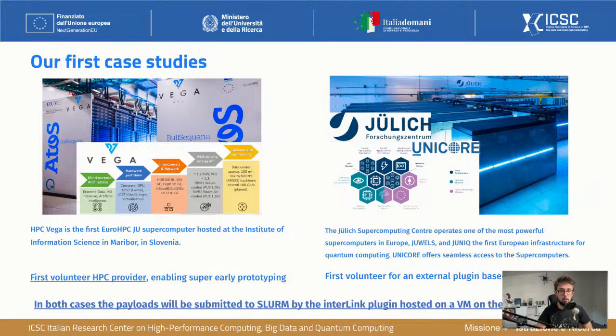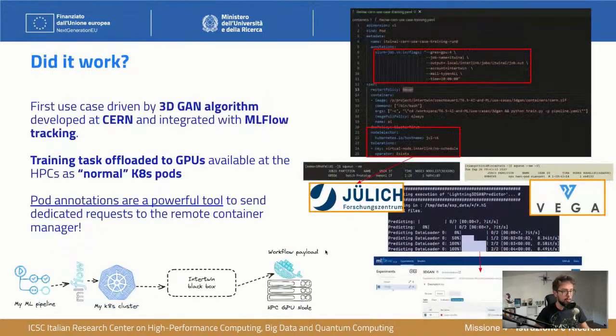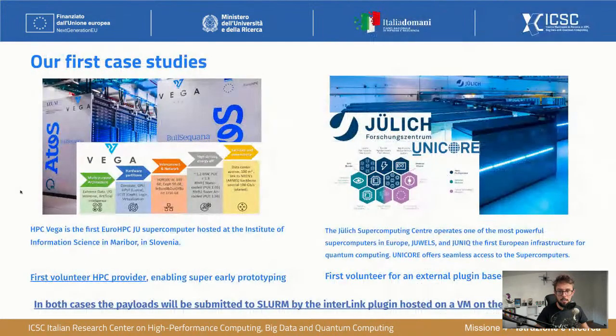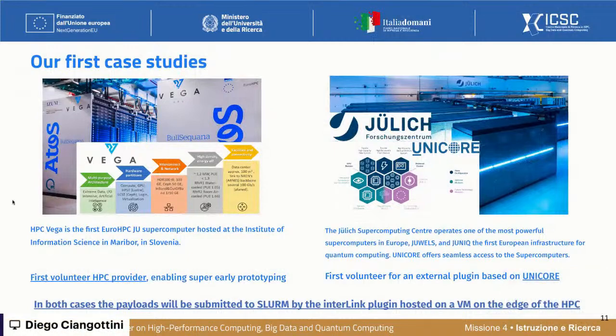So, did it work? Yes, we tested. We are well aware that the worst case, the most difficult interfaces, are the ones that are more closed. So we started with the HPC centers that were participating in interTwin.